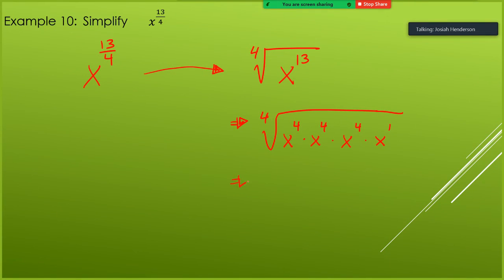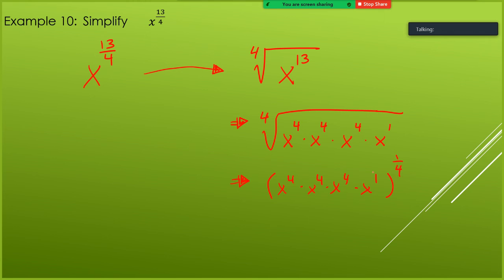Now, I'm going to convert this back into power form so I can see those cancel out nicely. x to the 4th, x to the 4th, x to the 4th times x to the 1. And how do I write that in power form? It's 1 over the outside number, 1 over the root number. It's not 13 over 4 anymore because I've broken that 13 up into smaller chunks: 4, 4, 4, and 1.